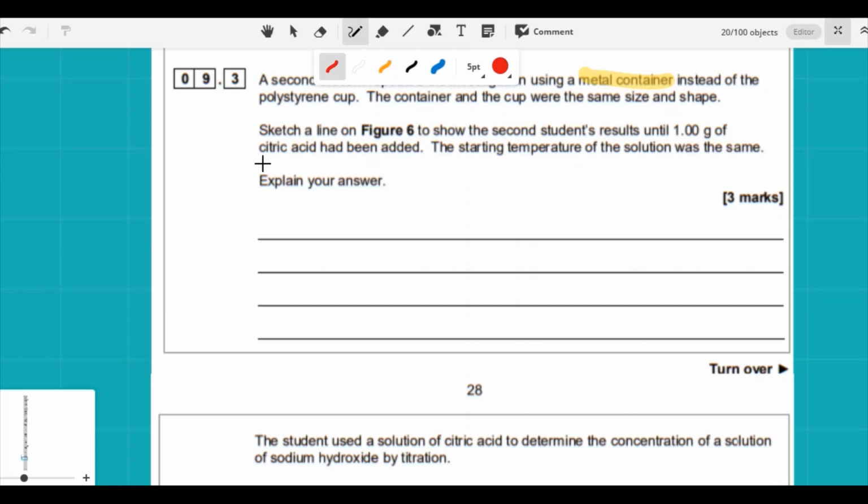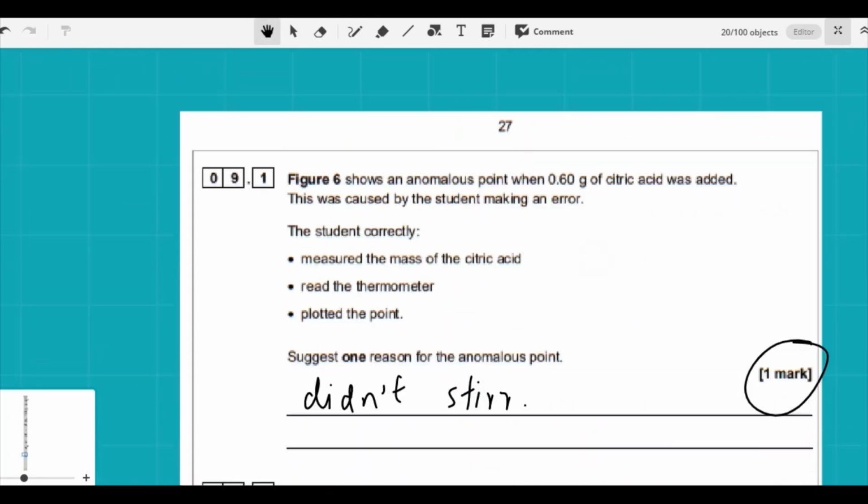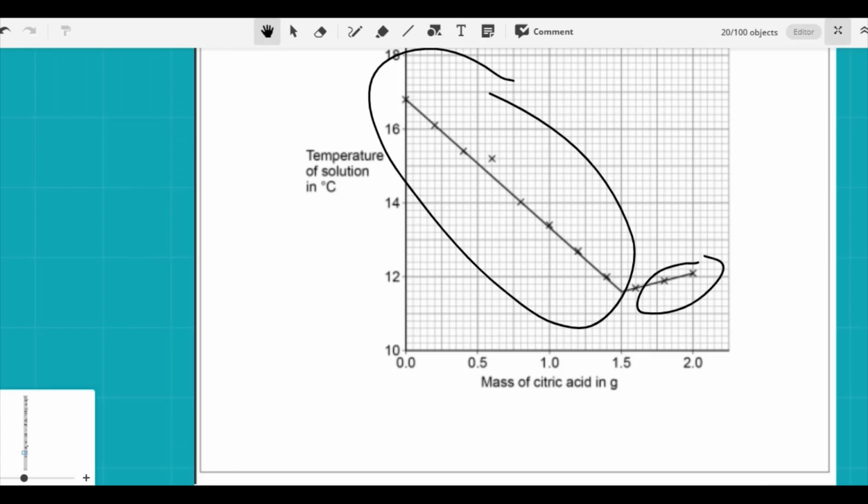So the container, okay, sketch a line on Fig 6 to show the second student's result until 1 gram of citric acid has been added. The starting temperature of the solution was the same. Explain your answer. Okay, so here when metal is used, it means that there will be a steep line.